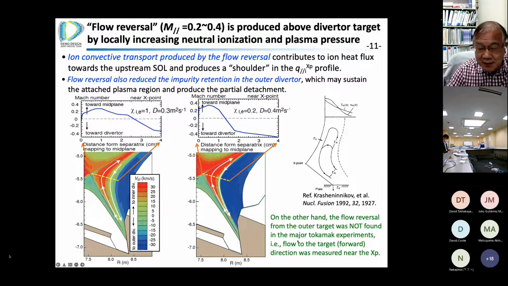We don't see such a flow reversal from these locations. So this may be one question for modeling compared to the experiment. That is something I should note here.